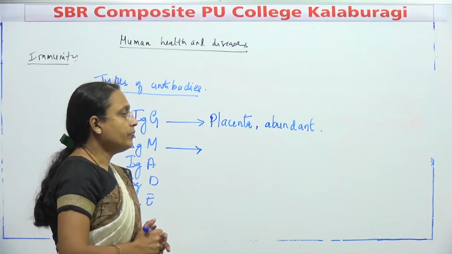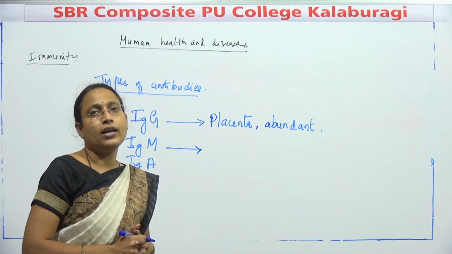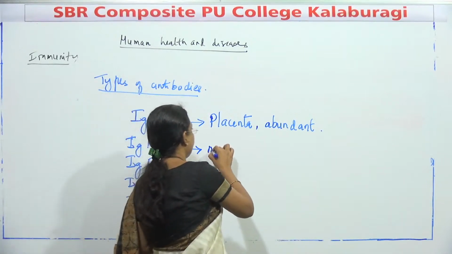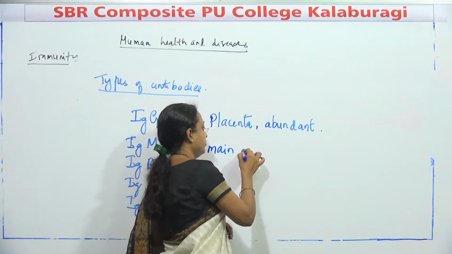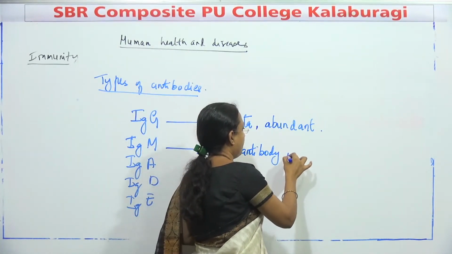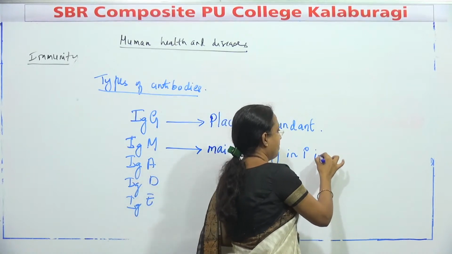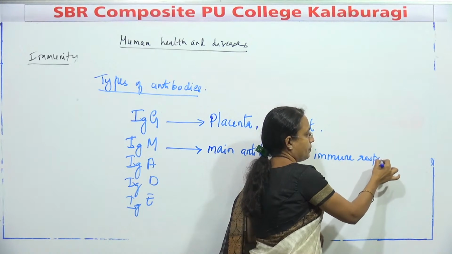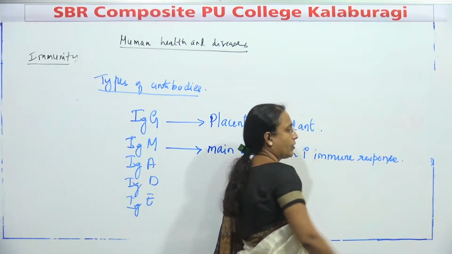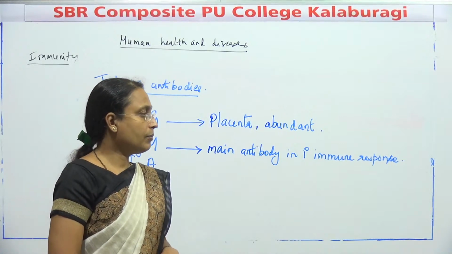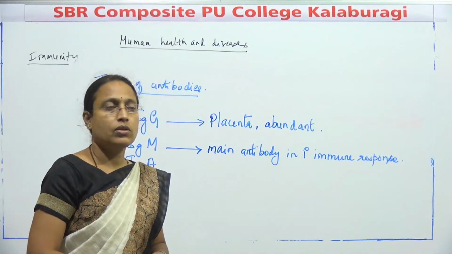Now IgM is the main antibody in the primary immune response. It is the main antibody produced in the primary immune response.